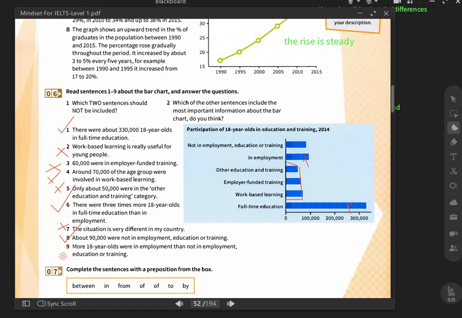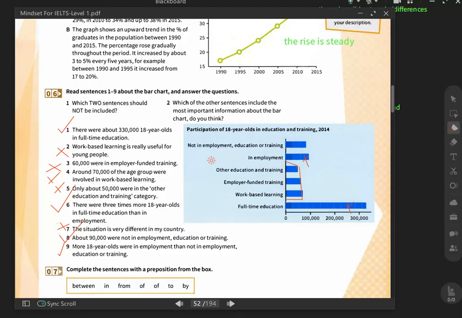Mm, and 9, more 18-year-olds were in employment than not in employment, education, or training. Yes, good one, of course. So as you can see, I don't give detail like this one number, this one number.